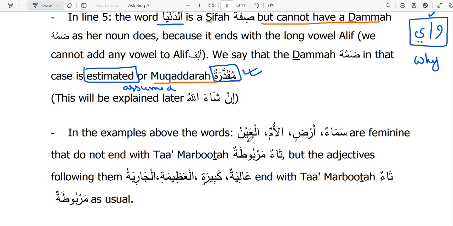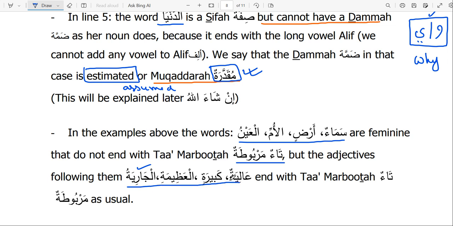And the adjectives following them, aliyatun, kabiratin, azimatin, or jariya, all have a ta marbuta. Why? Because these words are all feminine by meaning or considered as feminine. So we need to put the feminine adjective for them.